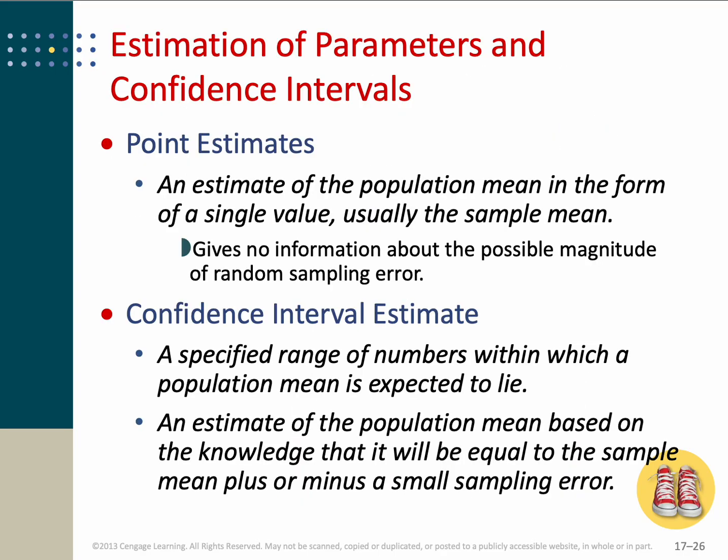Confidence intervals: a specified range of numbers within which a population mean is expected to lie, an estimate of the population mean, again mean, median, mode, based on the knowledge that it will equal the sample, plus or minus a small sampling error, because there's always an error. And then it just goes through more factors involved in terminology.